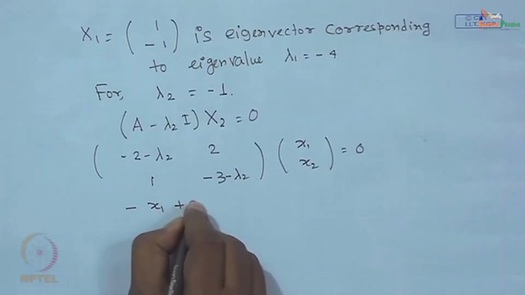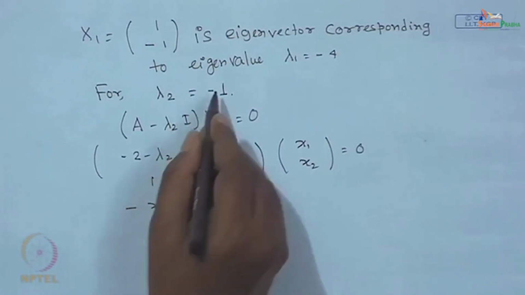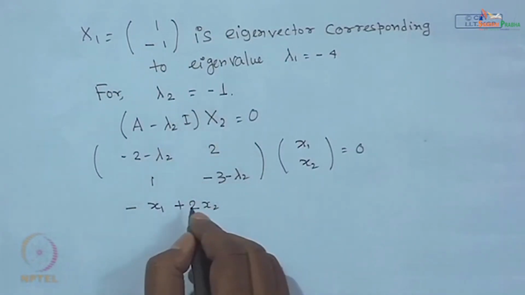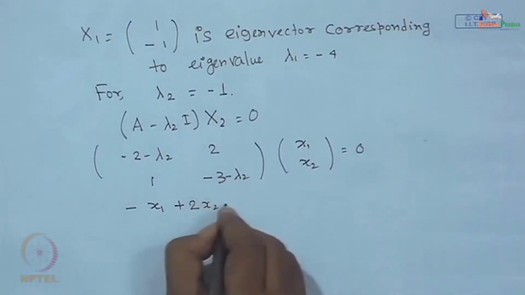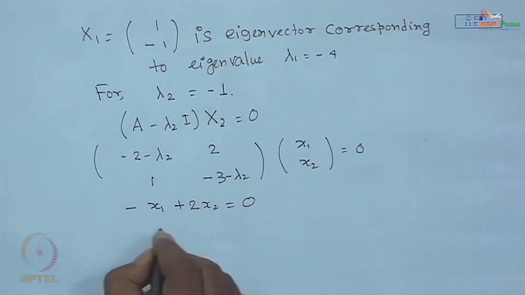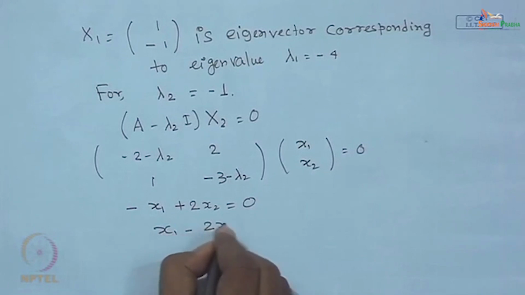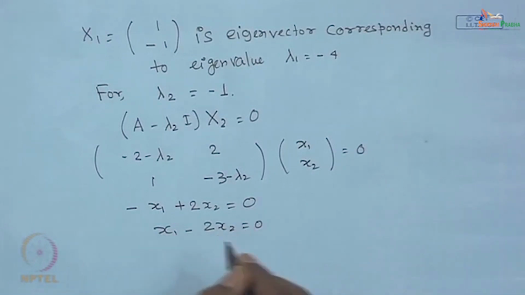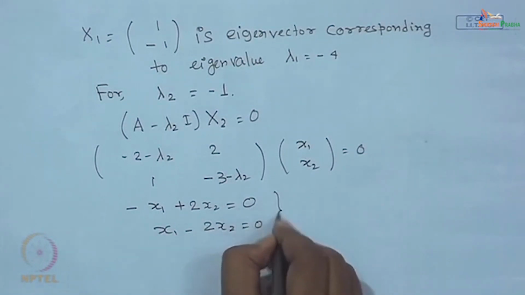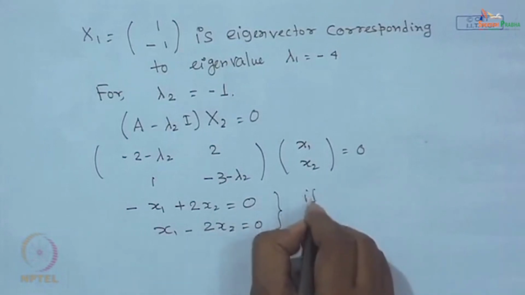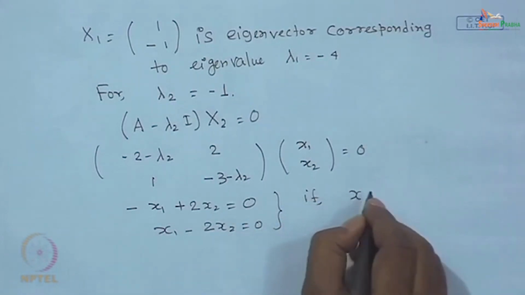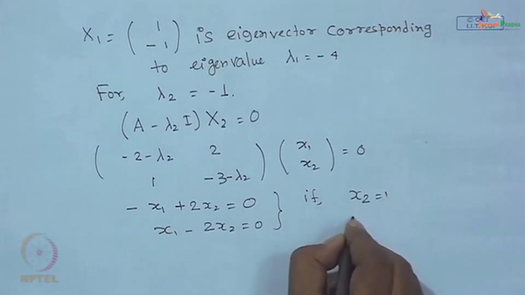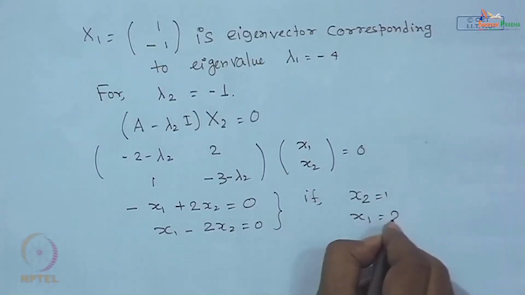You put the value of lambda 2 as minus 1, so you will be getting minus x 1 plus 2 x 2 equal to 0, x 1 minus 2 x 2 equal to 0. Again they are identical. So, if x 2 is equal to 1, then x 1 will be equal to 2.